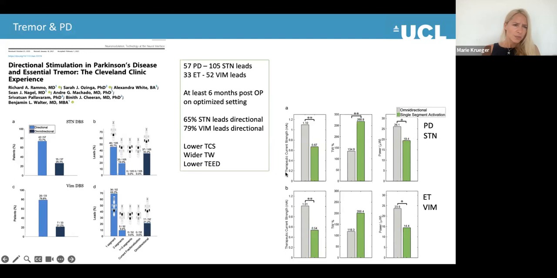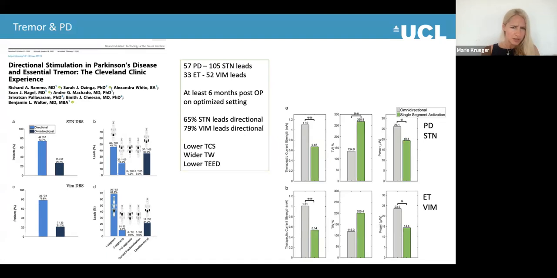And what you can see is that the majority of patients here, both STN and VIM, were on a directional mode. So 73% of STN patients and 78% of the VIM patients at the 6-month follow-up were on a, sorry, that doesn't quite match, 65 it was, sorry. Well, more were on a directional mode than on a non-directional mode.